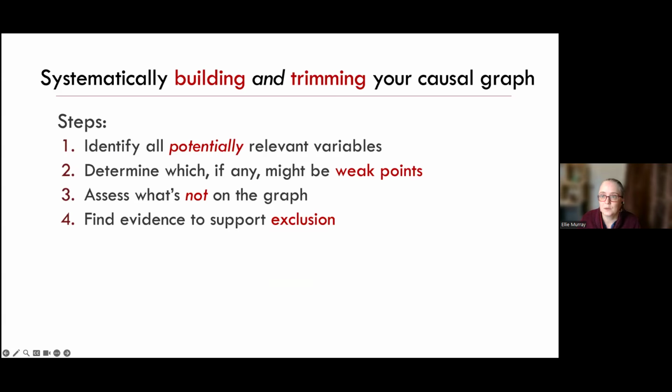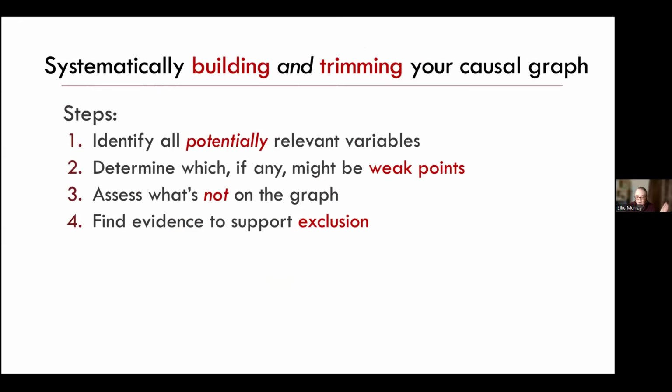Okay, so the second piece of what we want to do is to build and then trim out a causal graph so that we get a graph that really represents all our assumptions about the world. And so here there's sort of 4 broad steps that we might take. The first is to identify all potentially relevant variables.